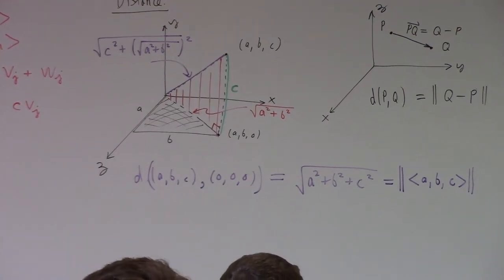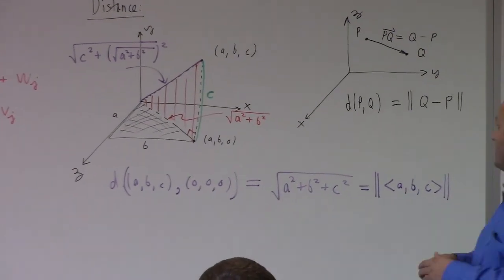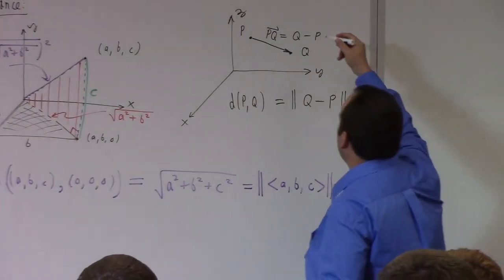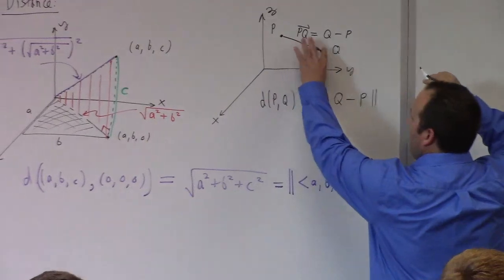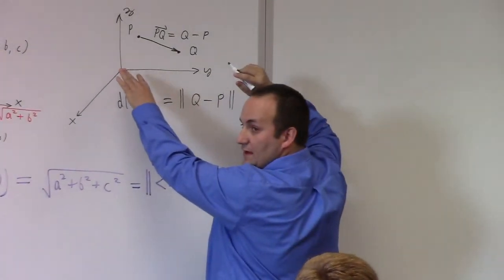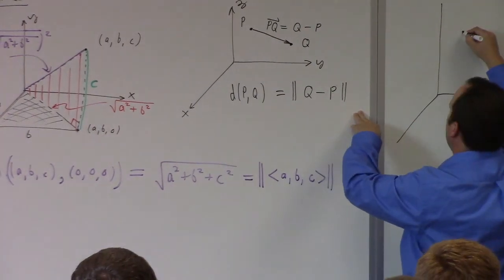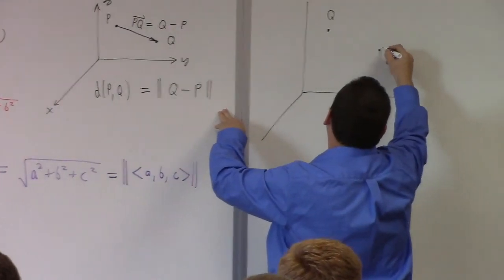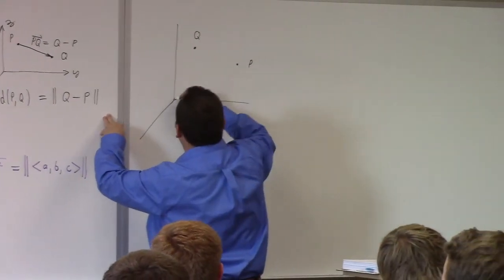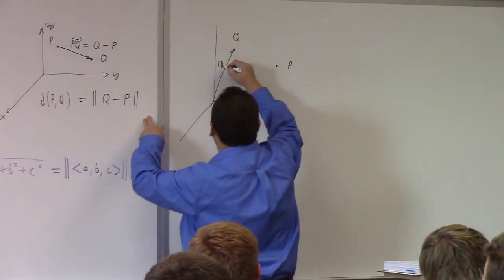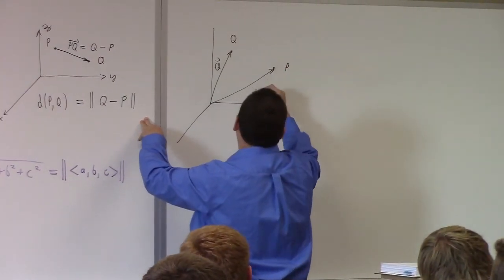Tomorrow we'll talk about the dot product, which is so important. This little thing I did right here can be viewed in terms of vector addition. I think it's good to do that. Here's Q, here's P. This is the vector Q, this is the vector P from the origin.